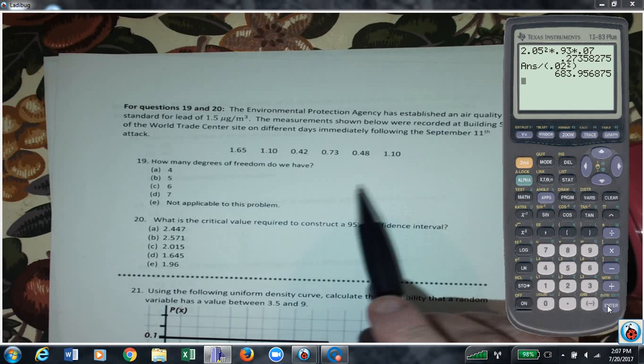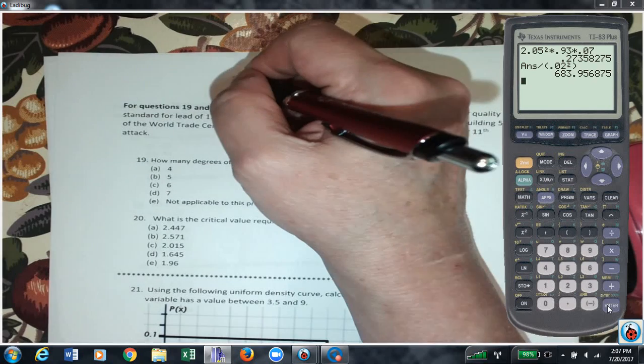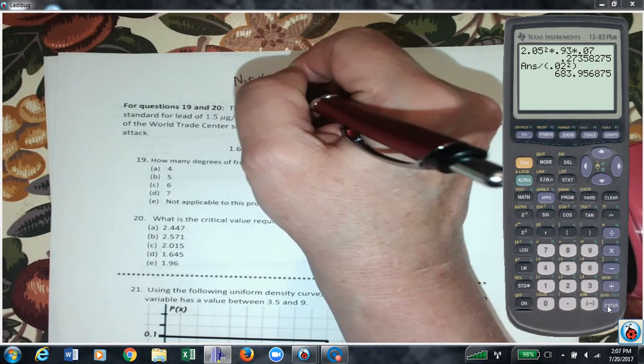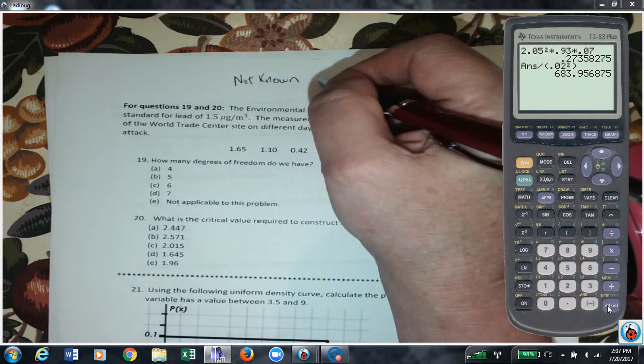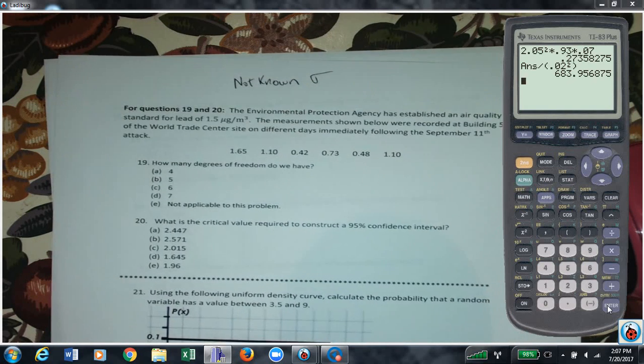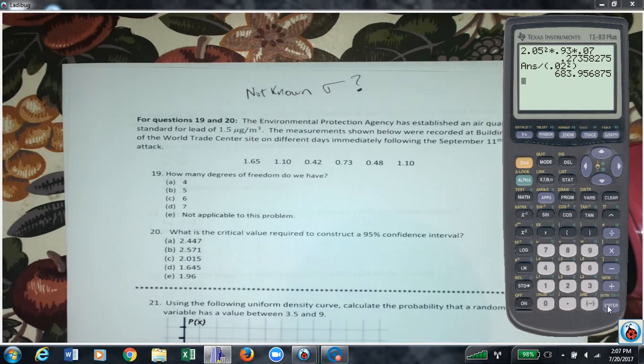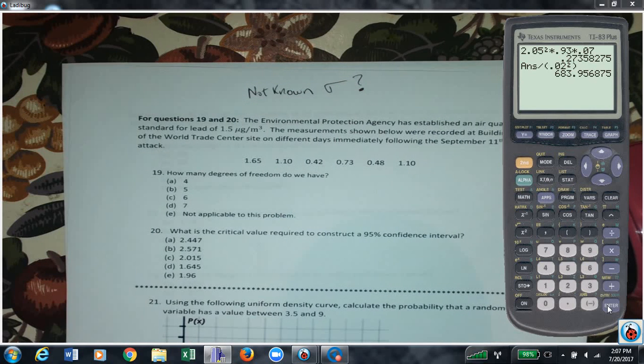And, well, yeah, it is, because we do not know, not known here is the population standard deviation, or is it? No.